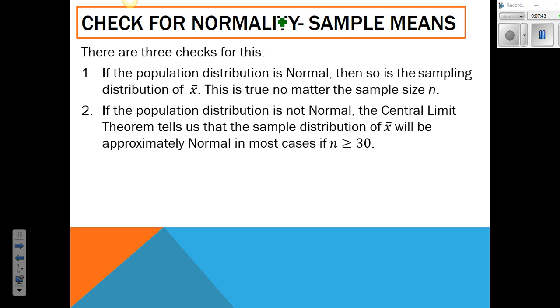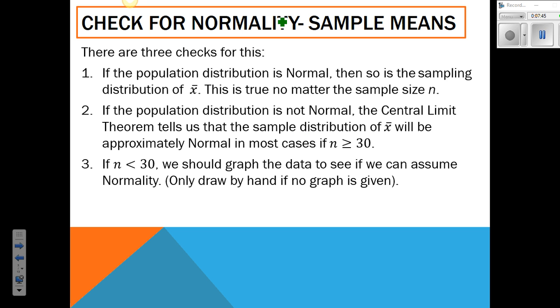All right, and our third case, let's say we have less than 30 in our sample. What we'll need to do is graph our data, and assess normality from that visual graph. So if we talk about graphing a data set from a sample size of less than 30, what are we looking for to say, hey, this could be approximately normal?